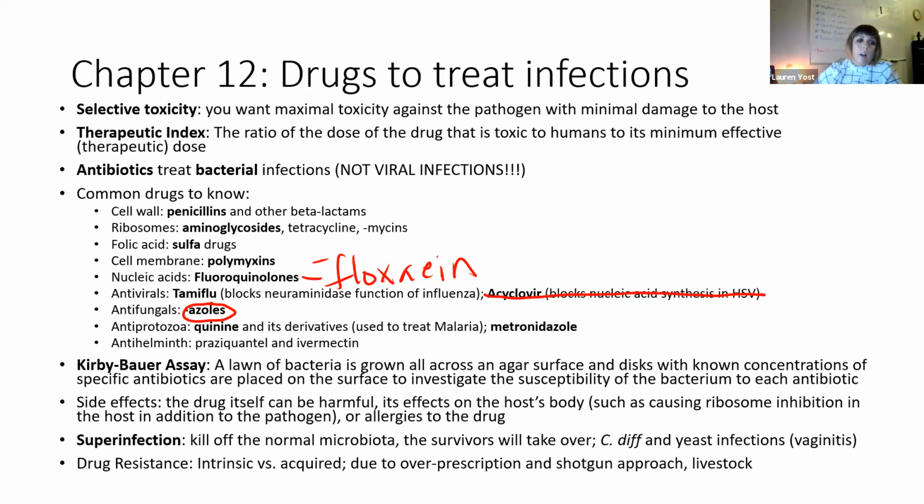used anti-helminthic drugs. Also within this chapter, we had talked about the usefulness of the Kirby-Bauer assay. Here, we're going to place our lawn of bacteria across agar and then stamp down antibiotic discs in known concentrations, and then look the next day, or however long it takes to grow the sample up, to see where the zone of inhibition is.